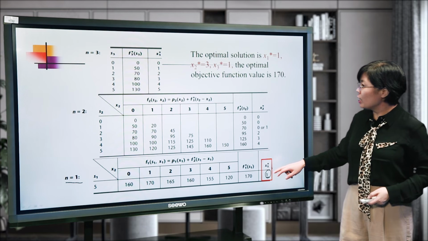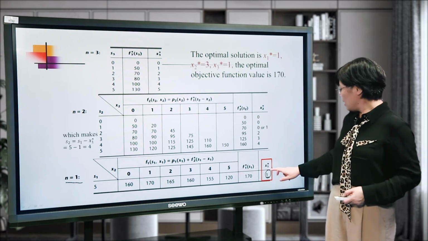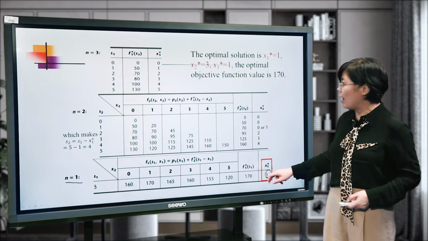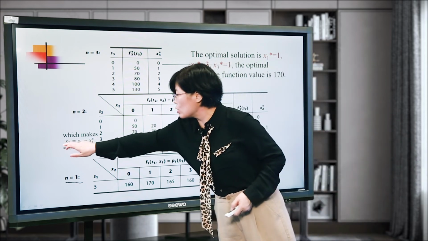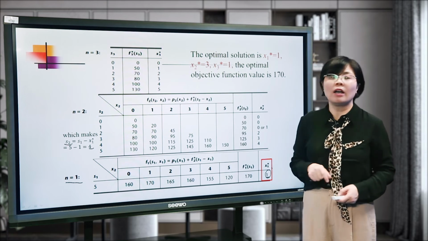Then going back to here, X1 is 1, which makes S2 equal to 4.